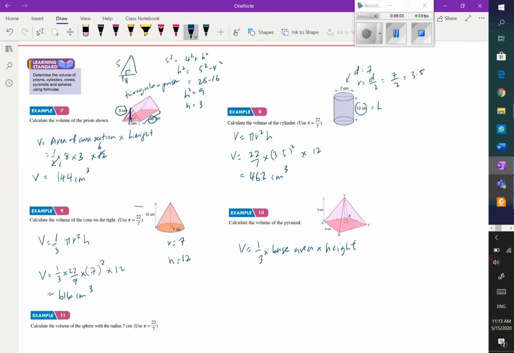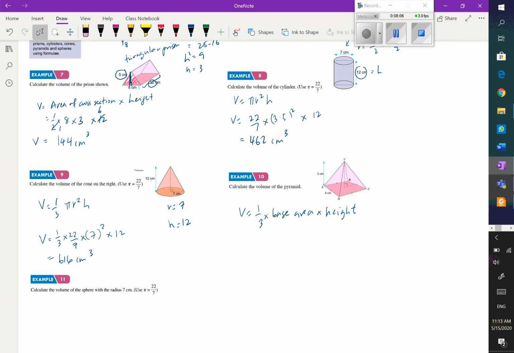So tengok dekat dia punya pyramid, areanya base ni bentuk apa? Base ni adalah square. So, sebab apa? Ini simbol sama. So 1/3 darab base area, base awak square, so 4 darab 4. Tingginya adalah 3. So dapatlah 1/3 darab 4 darab 4 darab 3, 16 cm cube. Settle.